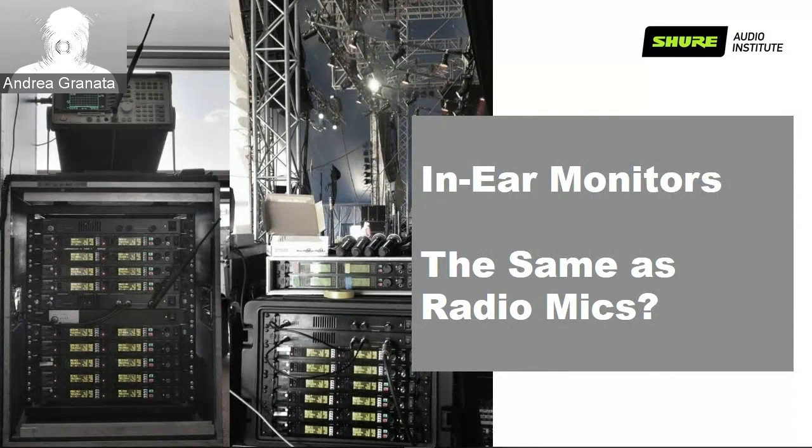Why are they not? Because when we broadcast a signal for in-ear monitors, we broadcast most of the time a stereo signal. With PSM 900 and 1000, we also have some additional options other than stereo. I just want to mention one, that is mixed mode. In mixed mode, instead of left and right signals, you can send A and B signals.